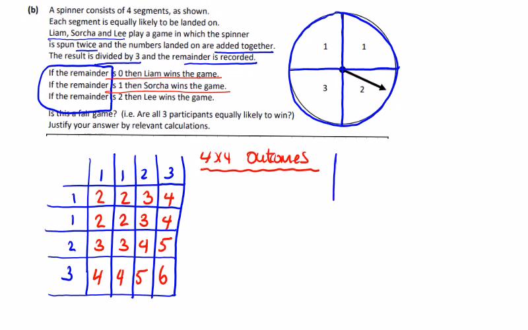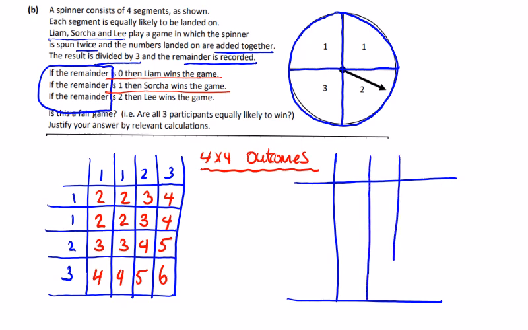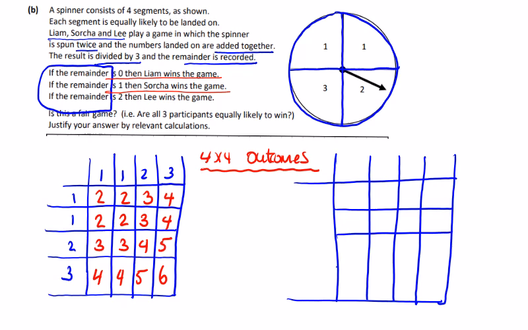I just need the inside of my table here. So the remainders in red, I'll do the 0 remainder. So like this one here has a 0 remainder. The 3s, they're the most obvious ones to start with.